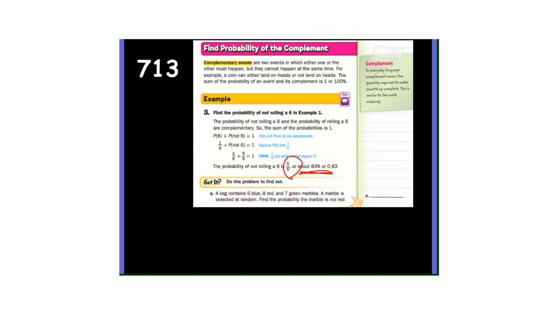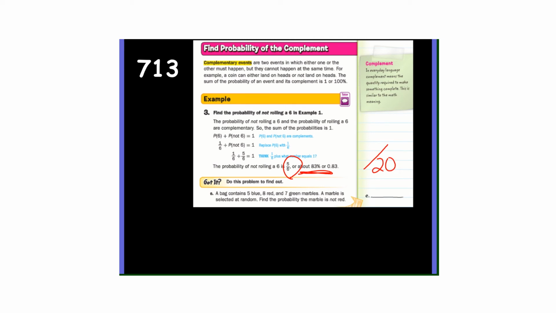All right, let's look at letter E. A bag contains 5 blue, 8 red, and 7 green marbles. A marble is selected at random, means close your eyes and pick one. Find the probability that the marble is not red. So, how many marbles are there? There's 20.